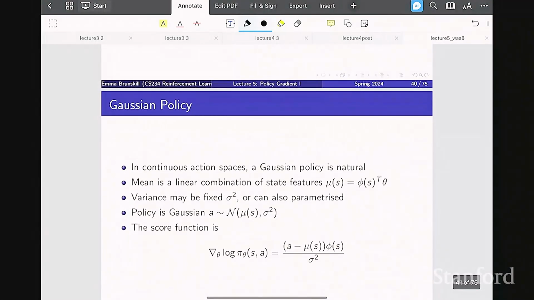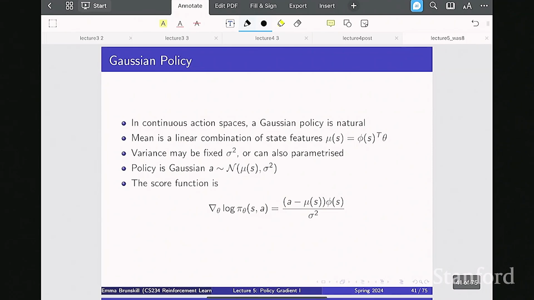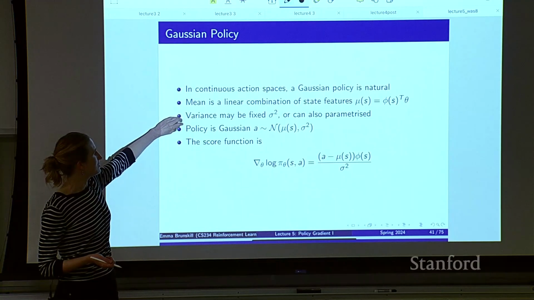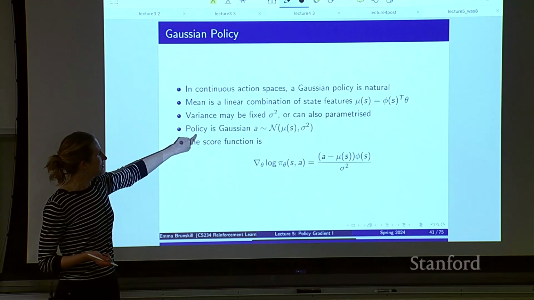All right, so this is also possible to do for other functions. So for Gaussians, we often want to think about that for continuous action spaces, which are really useful for robotics, where you might have continuous torques, or continuous accelerations, etc. You can think of there being a mean, which is a linear combination of some state features. Your variance might be fixed, or it could also be parameterized. And then your policy is a Gaussian.